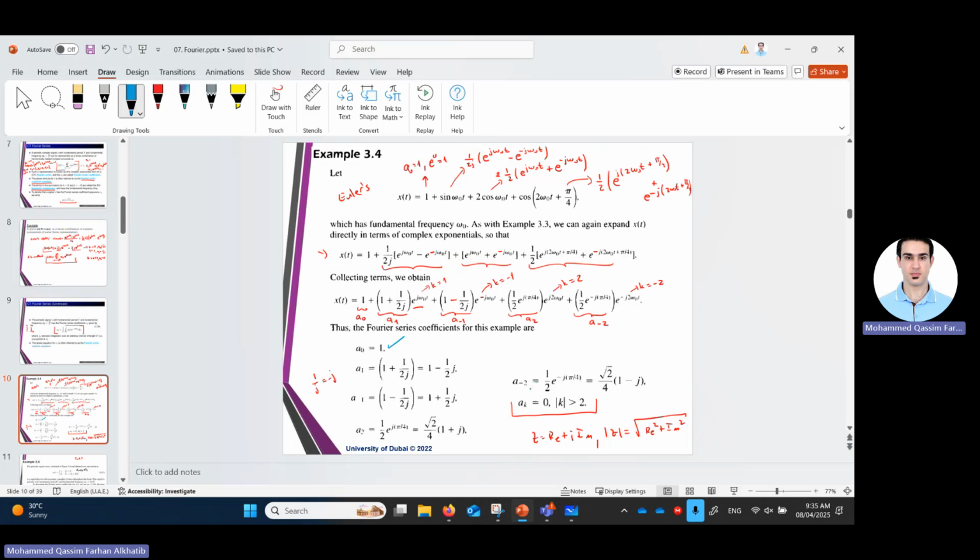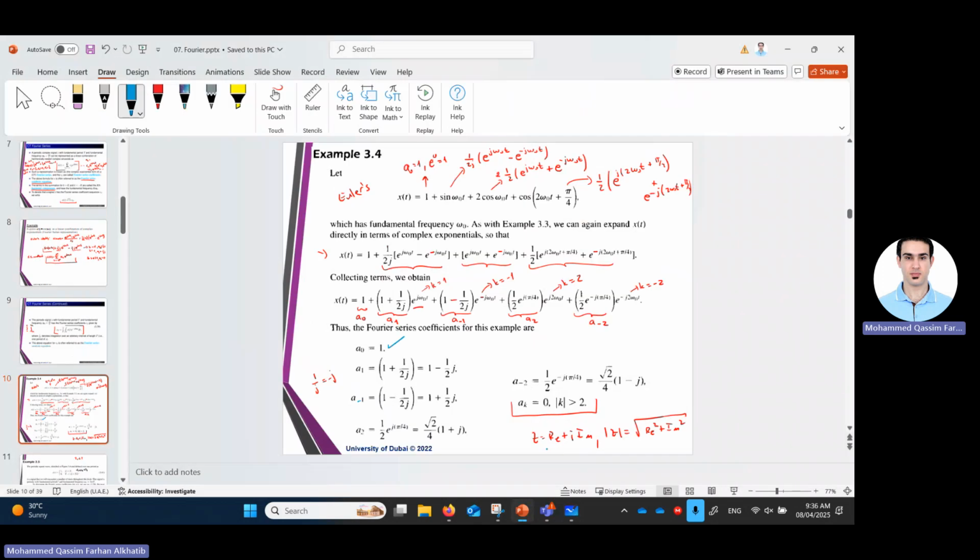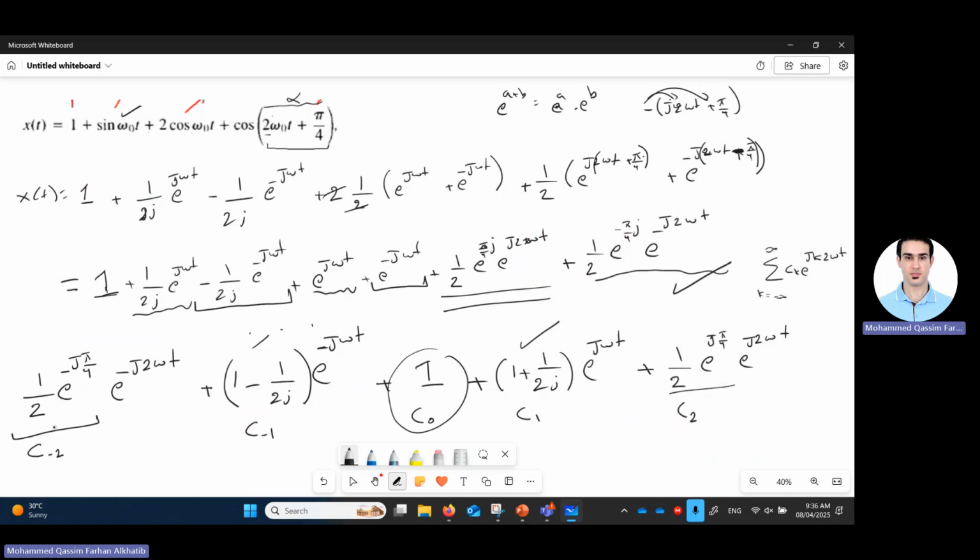A of -1, 1 minus 1 over 2j, and the last part, a of -2, 1/2 times e to the power -j pi over 4, this one here. So those are the coefficients.